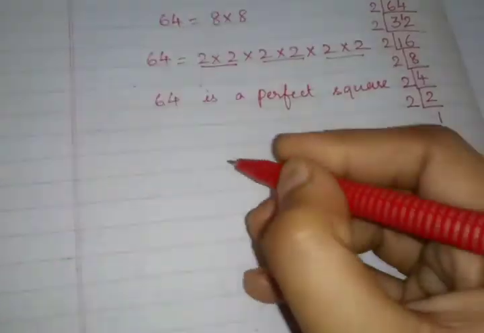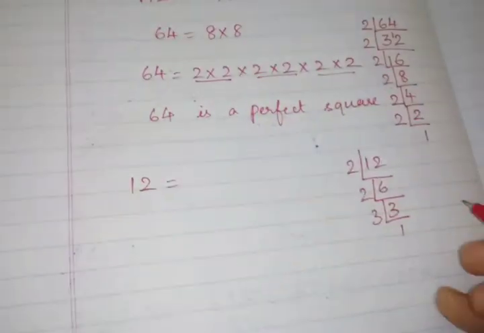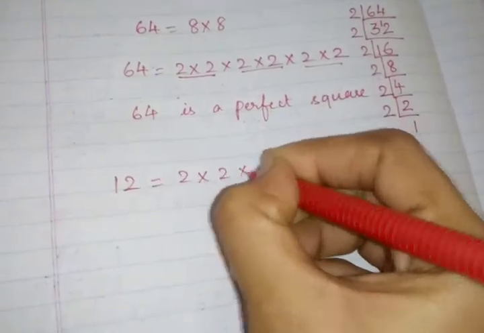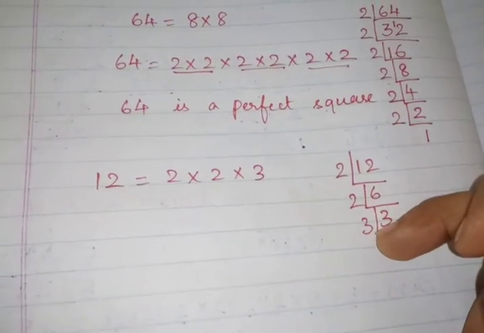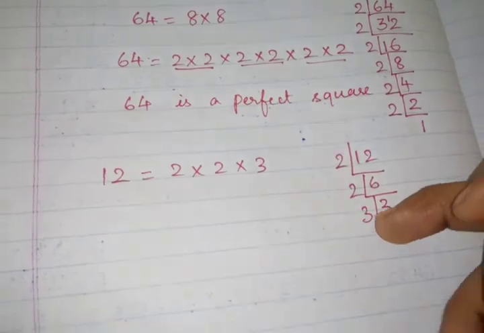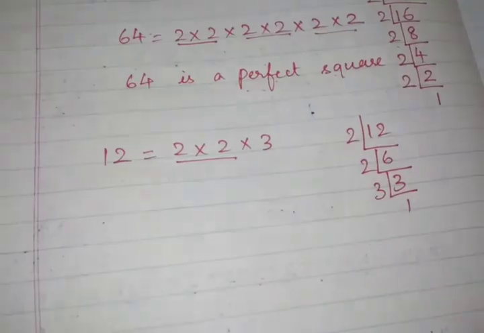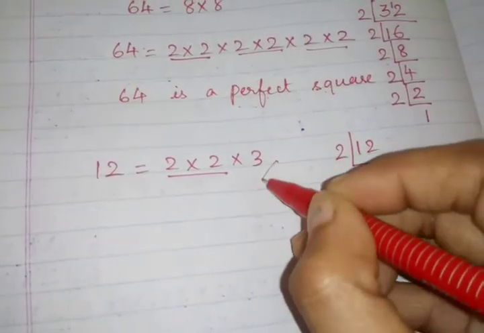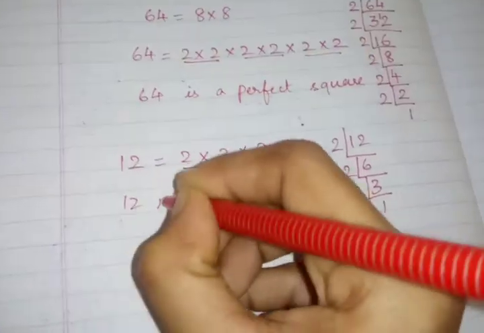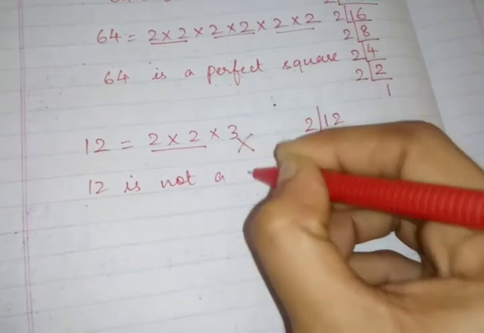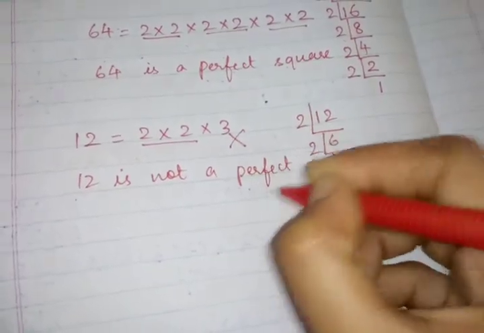Writing the prime factorization: 2 into 2 into 3. We'll check whether the pairing takes place. These two twos are one pair, but 3 doesn't have any pair. So what are you saying? 12 is not a perfect square.